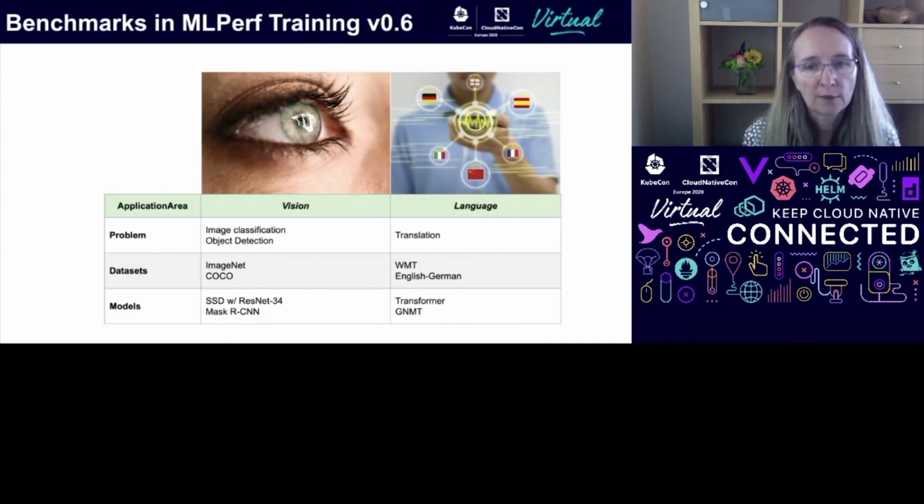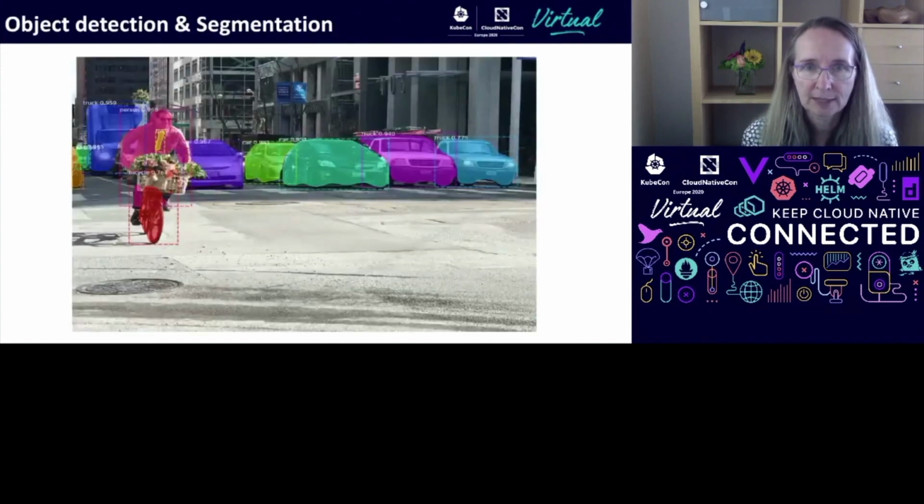Then we also are going to run the transformer model, and that uses the WMT public data set. I'll talk a little bit about each data set, and all the code that we used here is open source. You can go to MLPerf.org and see the code that we ran. We're also running MLPerf version 0.6 training in our experiments. Next slide, please.